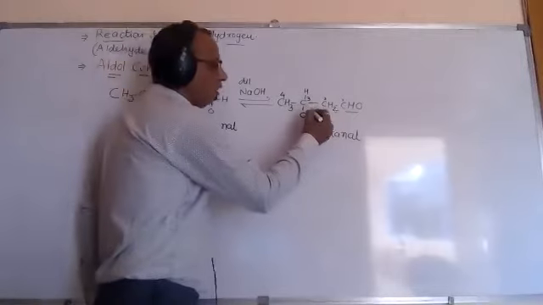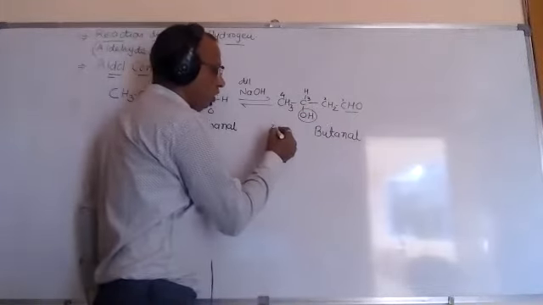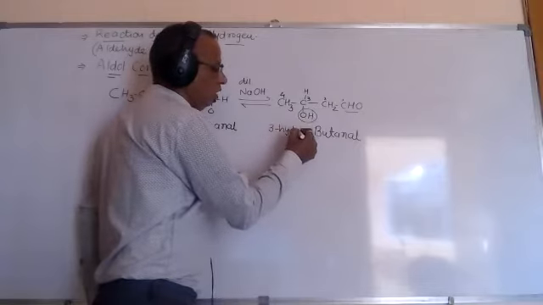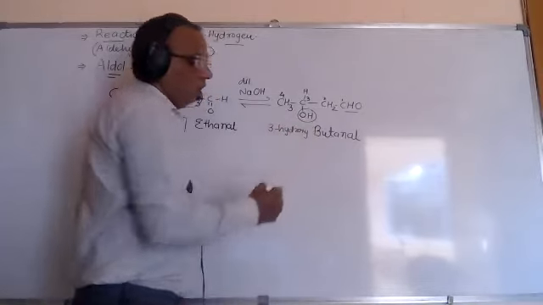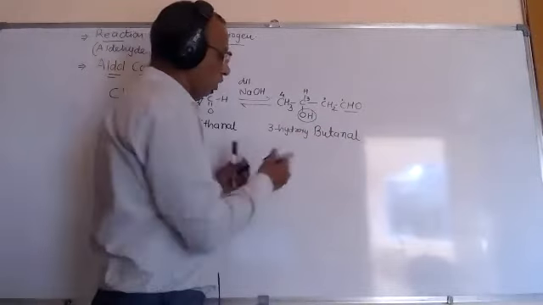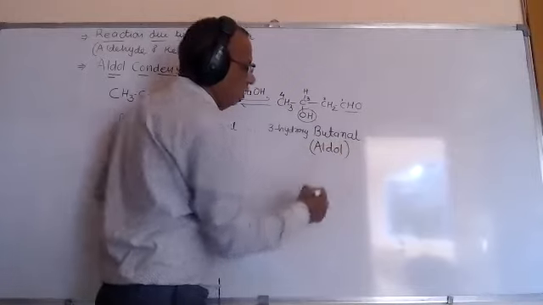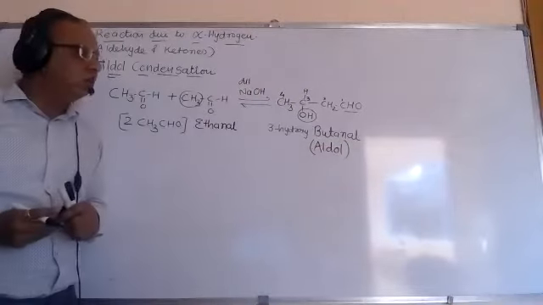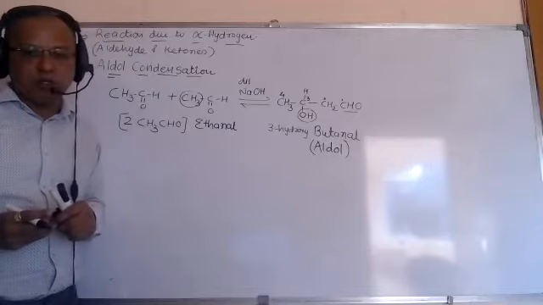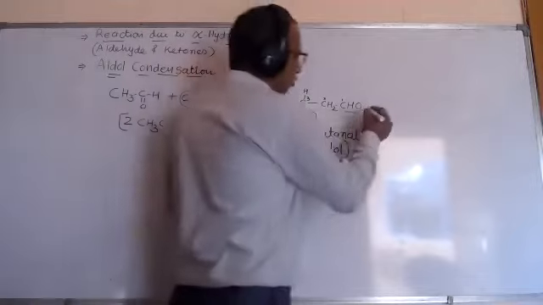And on the third carbon, you can see this OH is called hydroxy. So 3-hydroxybutanal. It is also known as, friends, aldol. That's why this is the first addition product called aldol.